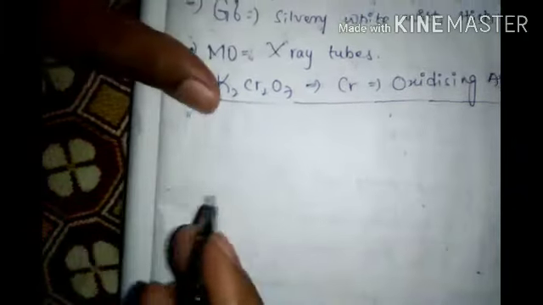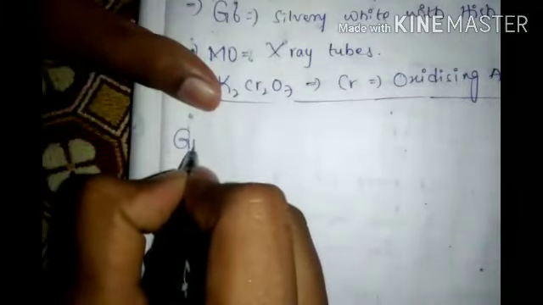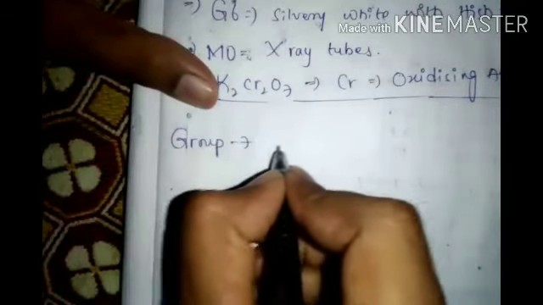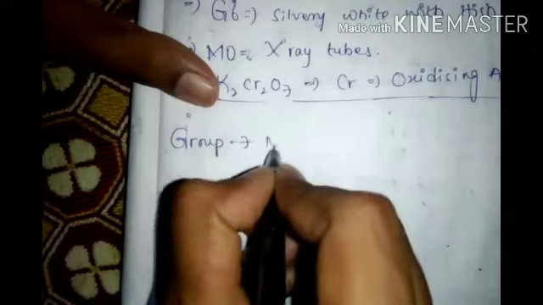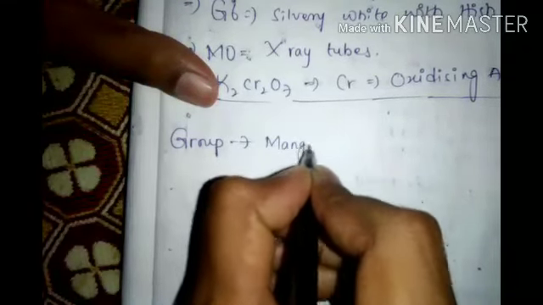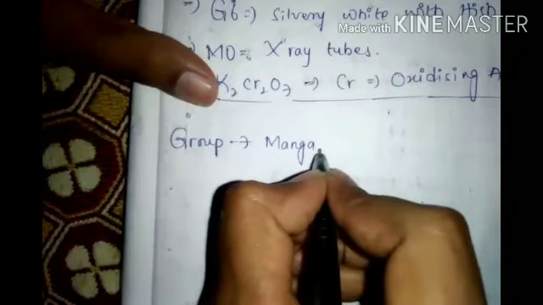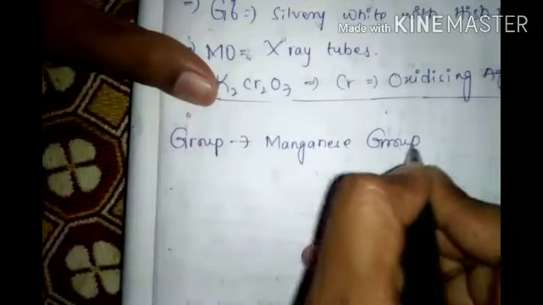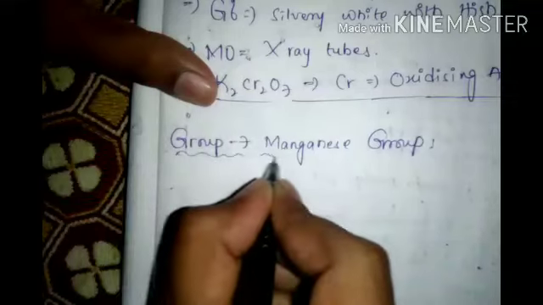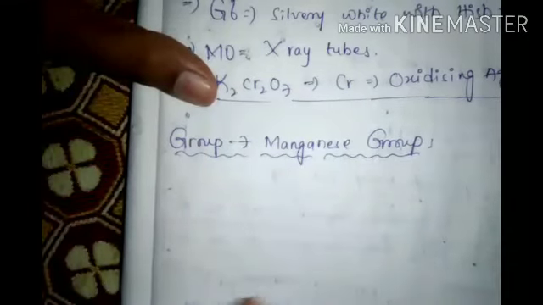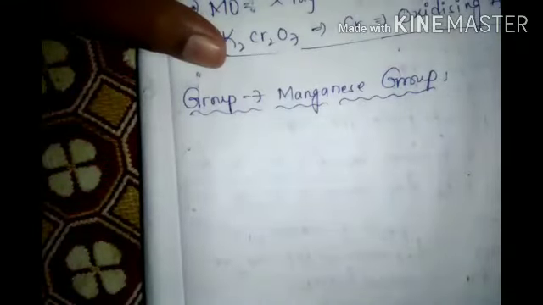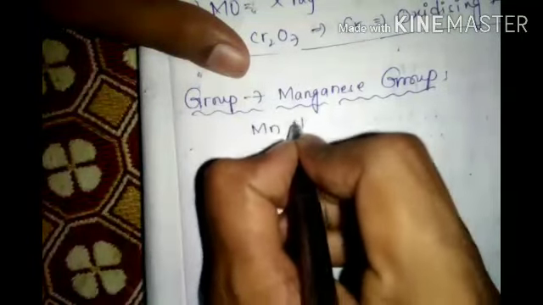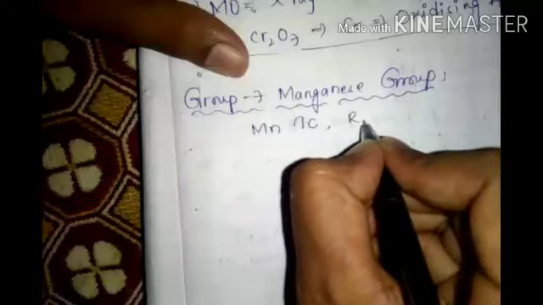Next is Group 7, the manganese group: manganese, technetium, rhenium.